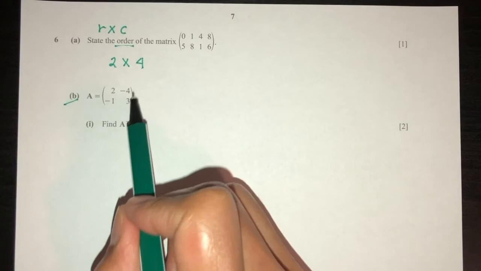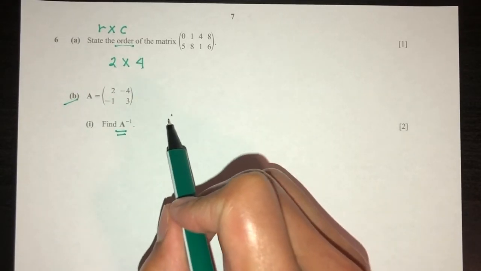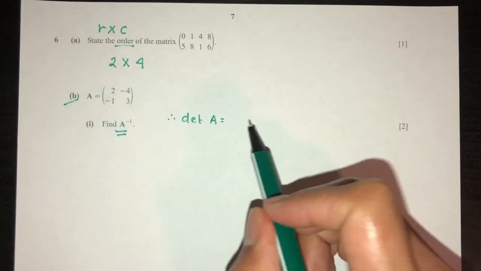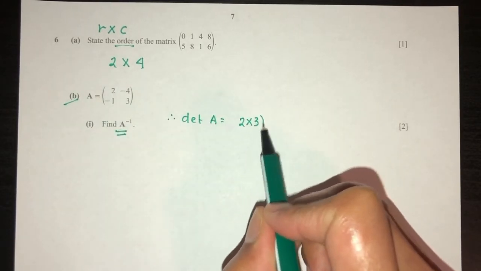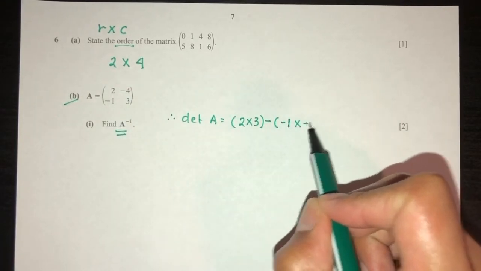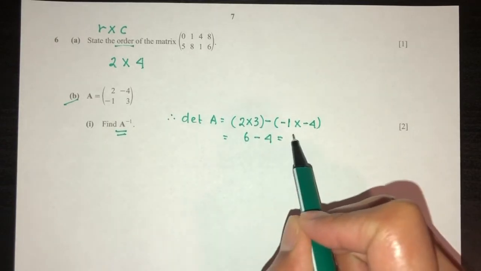Now part B, we have this matrix, find A inverse. So to find inverse, we always have to first find the determinant. So we have to cross multiply 2 times 3 minus this one, minus 1 times minus 4. That will be 6 minus 4, that will be 2.